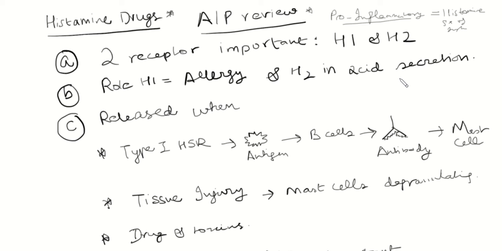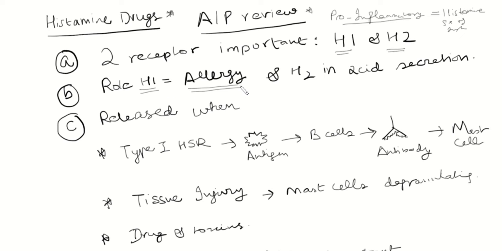So when histamine is released, it acts on receptors, and guess what those receptors are called? Histamine receptors. There are different kinds, but there are two that are very important and that we're going to talk about: the H1 receptor and the H2 receptor. Now, the H1 receptor has a role in allergy and allergic response.